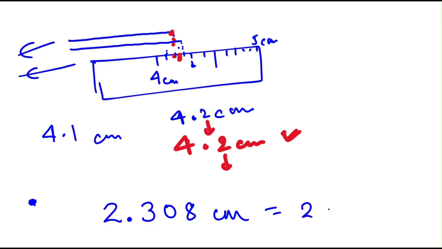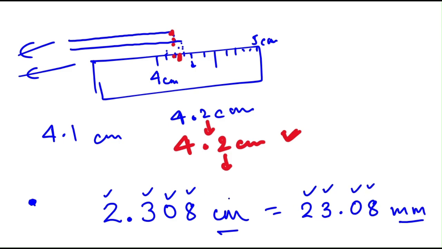You are going to write it as 23.08 millimeters. No matter whether you take it in centimeters or millimeters, you always have four significant figures. The reported value has four significant figures, this one, this one, this one, this one. Here there are also four significant figures. And remember, this last digit is uncertain.